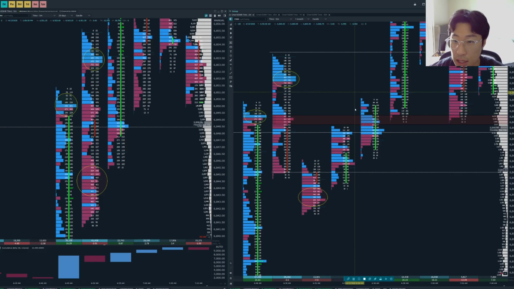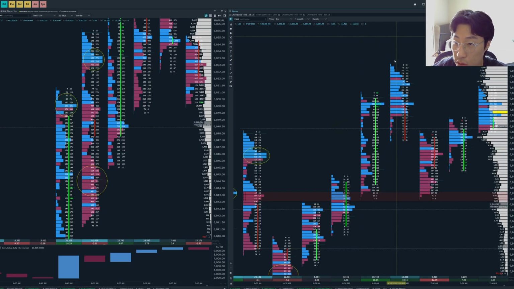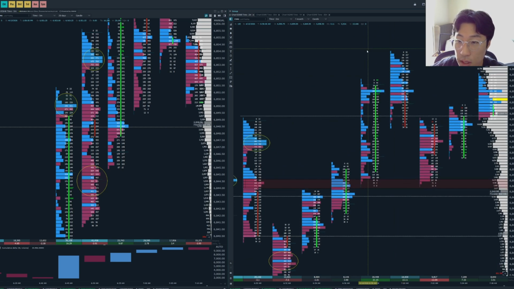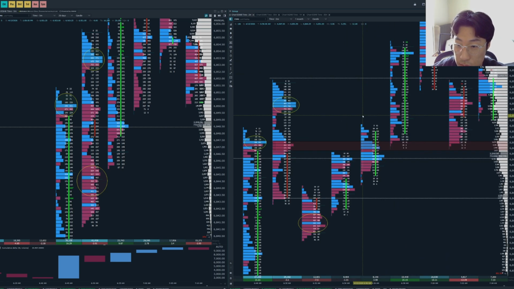But this is the candle where I noticed that I made a mistake on my analysis. And my first initial thought was to get out. I was just telling myself, like, get out, get out. There's no point in being in this trade anymore. This gap is most likely going to fill to the upside, right? And you're going to get stopped out.